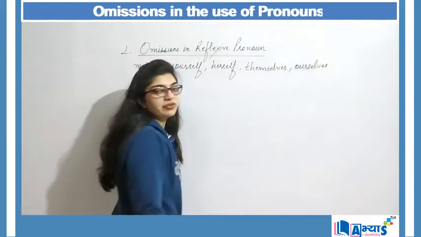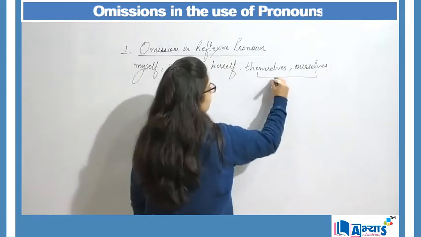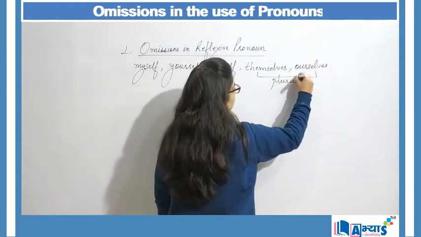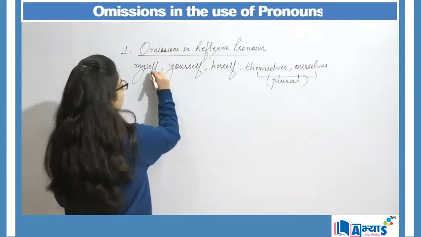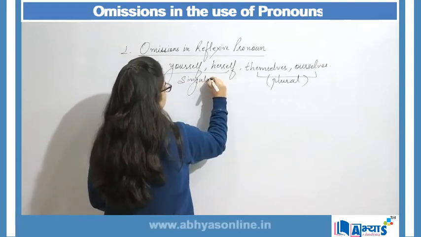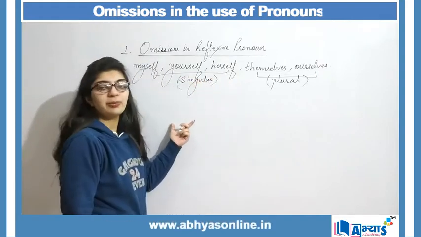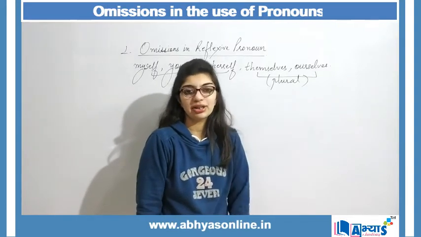So these are some of the examples of reflexive pronouns, where themselves and ourselves are the plural forms, and myself, yourself, herself are the singular forms. Singular pronouns are used for singular nouns and plural pronouns are used for plural nouns.